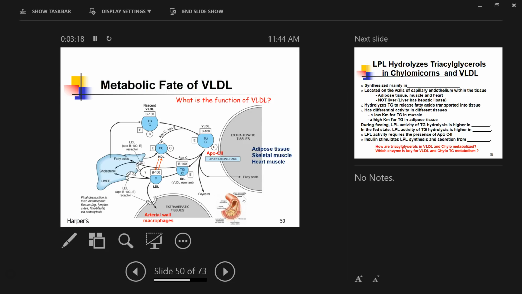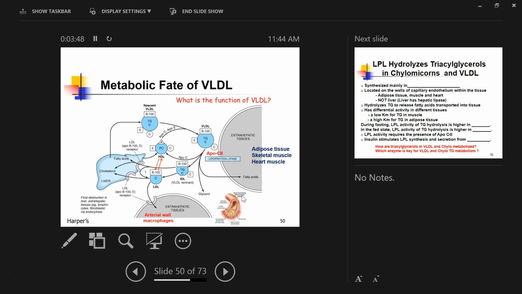VLDL will go to the muscle, and the fatty acids in the VLDL are actually oxidized in the muscle during the fasting condition. So there are two different physiological conditions with different metabolism of VLDL. You guys probably also want to remember that, right?